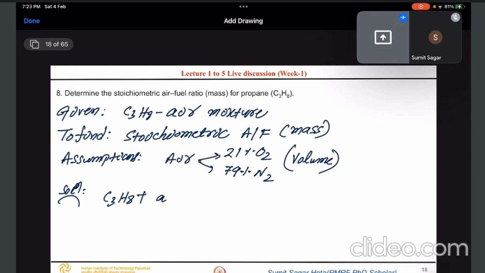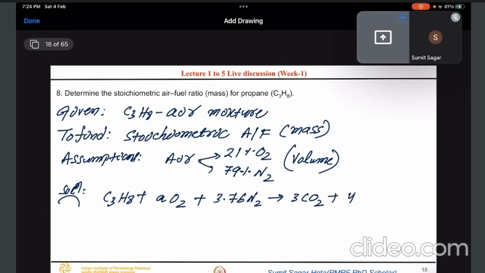C3H8 plus a times O2 plus 3.76 times N2 gives rise to 3 CO2 and so on. You may wonder how I know all these things, because I already calculated the number of moles of each atom.